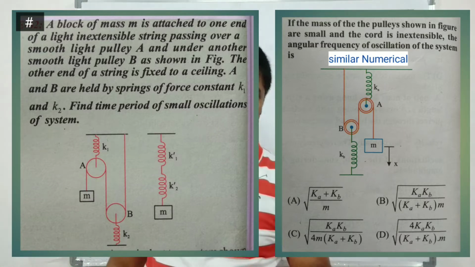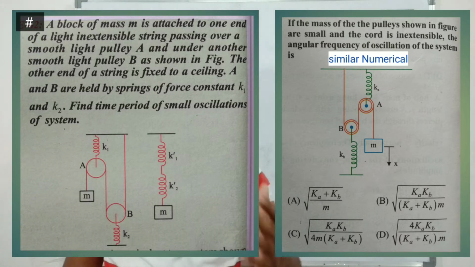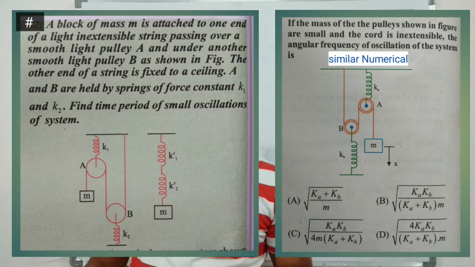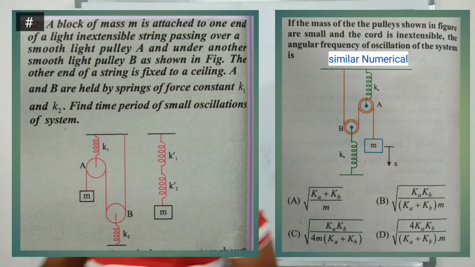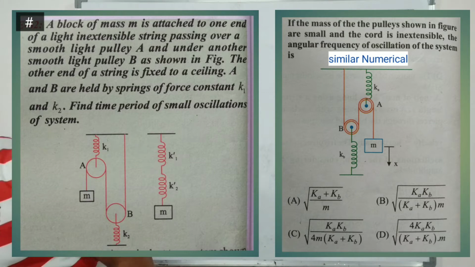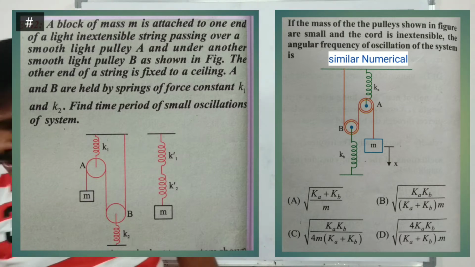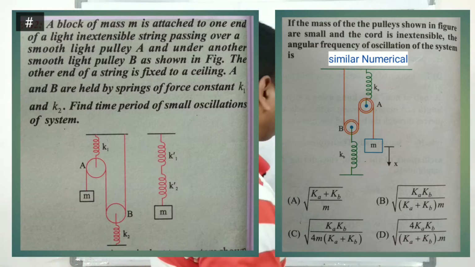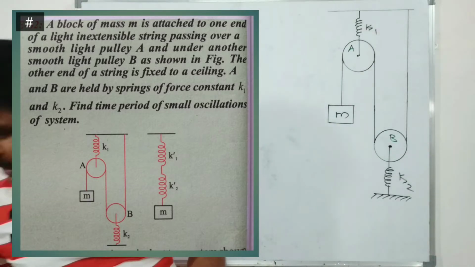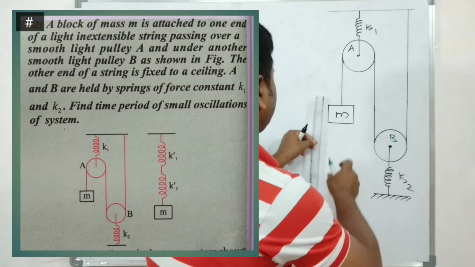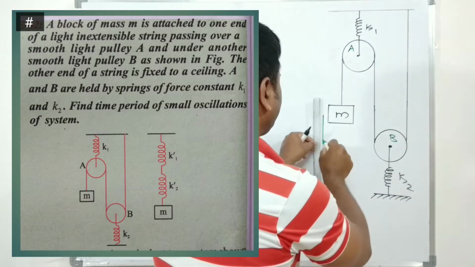So we can find time period, frequency and angular velocity also. But in this question, it is asking only time period. One thing clearly we have to understand: the system gets a small vertical displacement y, like this.